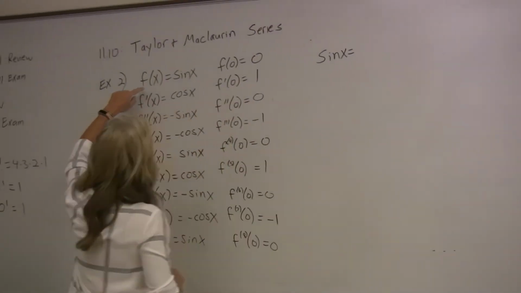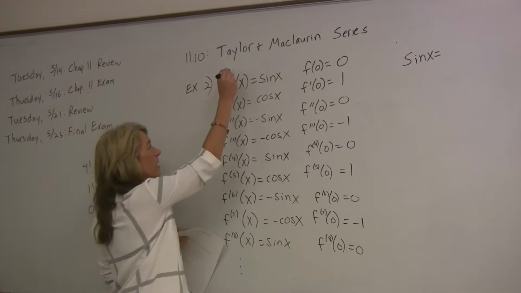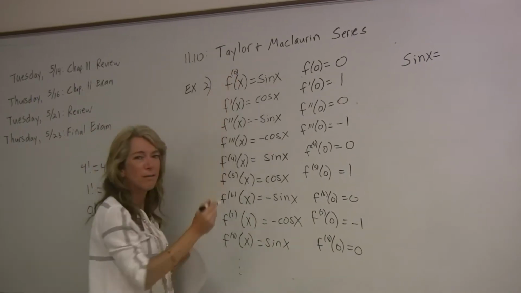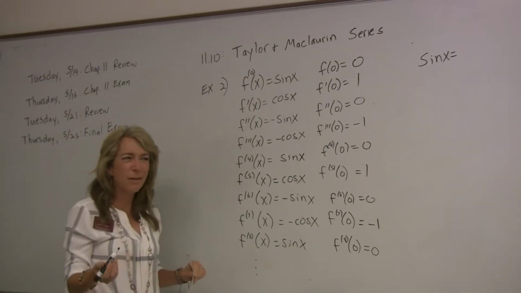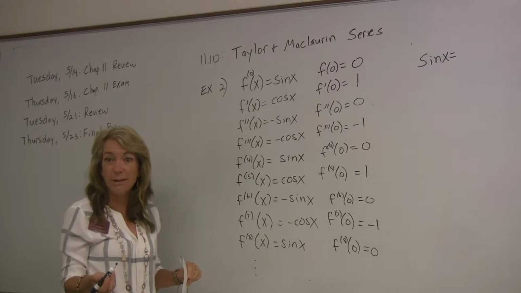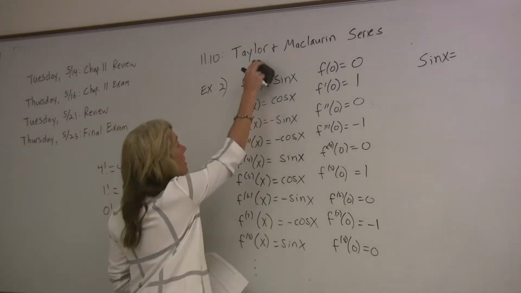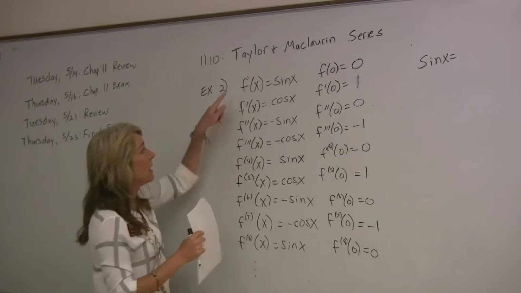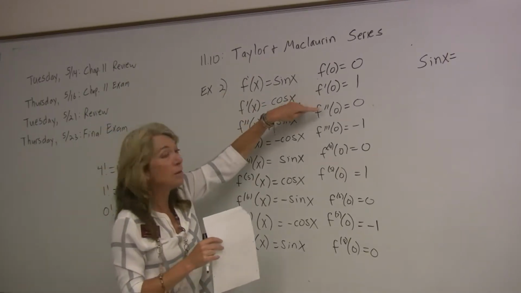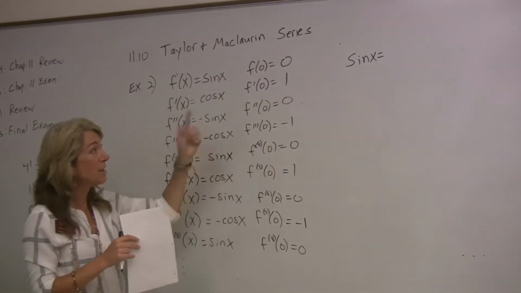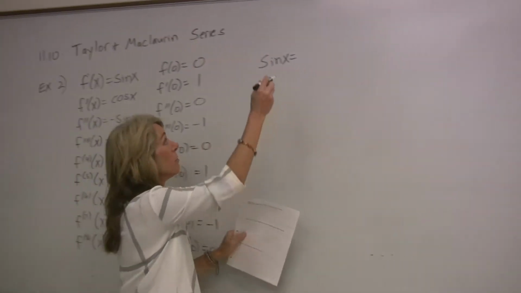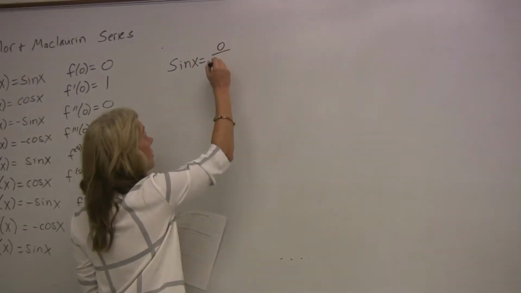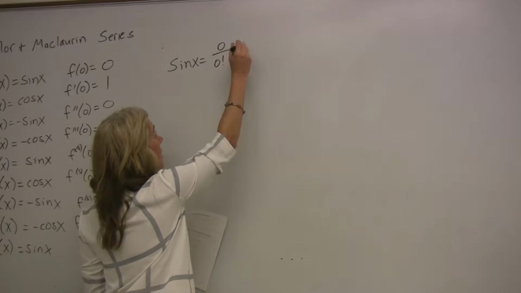And this f of 0 is the 0th derivative. I mean, if you wanted to, you could kind of think of it like as a 0 in here. The function by itself is the 0th derivative because you haven't taken a derivative yet. So we're going to start with this number. So this is when n equals 0. This is when n equals 1, 2, 3, and so forth. We're going to take all those numbers. So the first one was 0 over 0 factorial x to the 0.